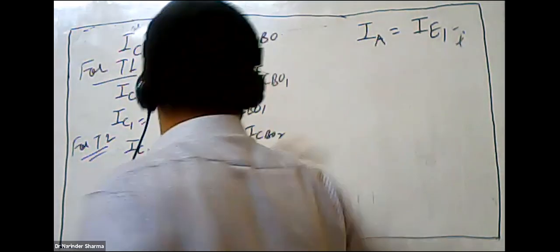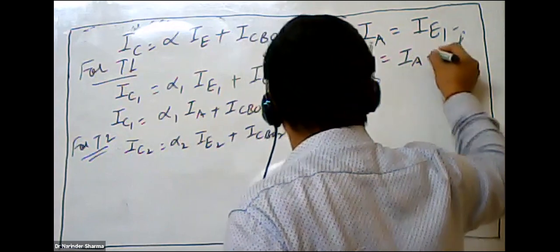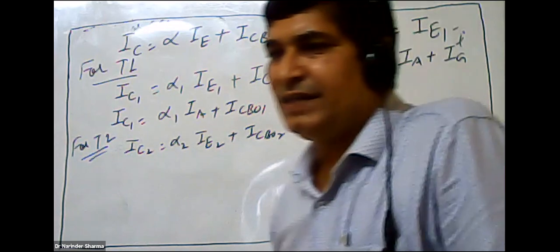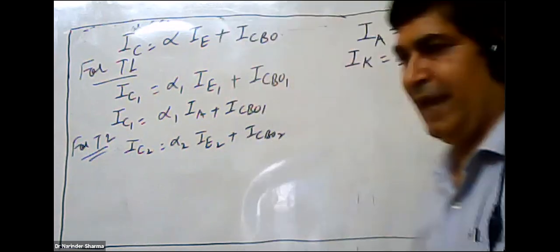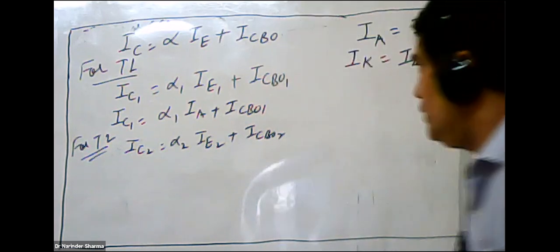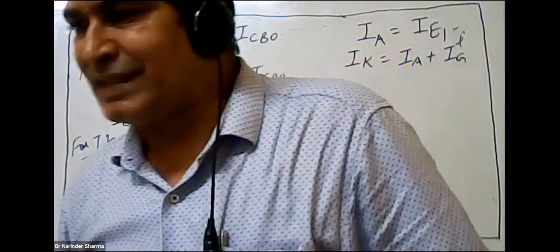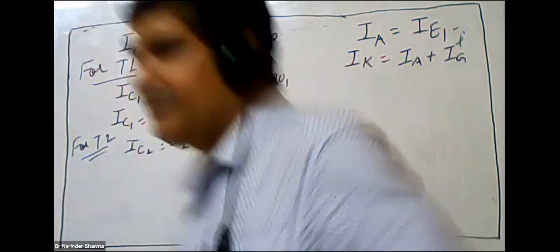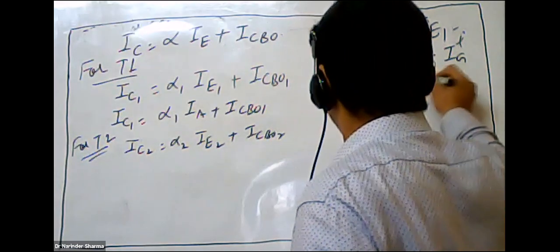Now we know that the cathode current IK is always equal to the anode current plus the gate current. Now IK is equal to IA plus IG, and we know that IE2 is equal to IK.